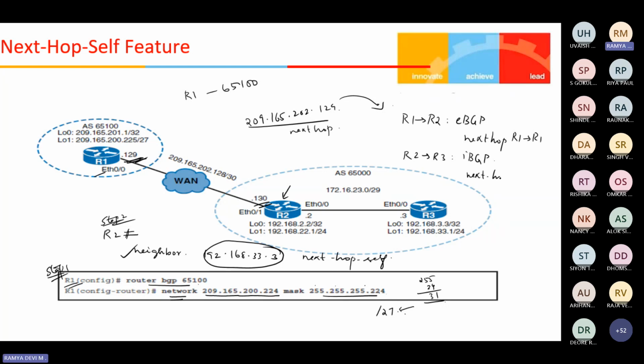The next hop, which is the next hop? It should be changed. So before this, it should be using the next-hop-self command on R2. Okay, so next-hop-self makes R2 responsible for forwarding the traffic towards the external sources. Fine. So this is mandatory.